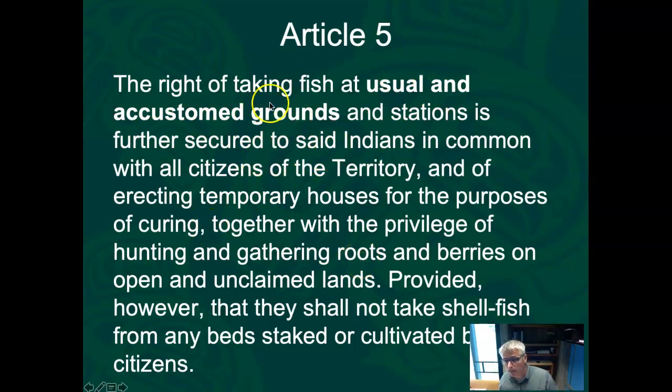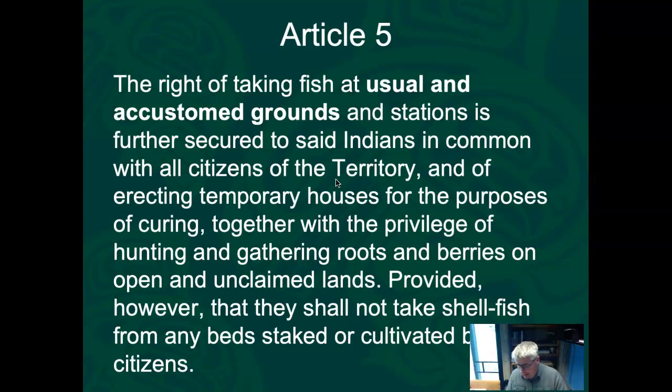Okay, so that's the first part. You can hunt and fish in your usual and accustomed areas, which is secured to said Indians in common with all citizens of the territory. Citizens of the territory, i.e. non-natives. So the tribes are securing the treaty right to fish in their usual areas in common with citizens of the territory.